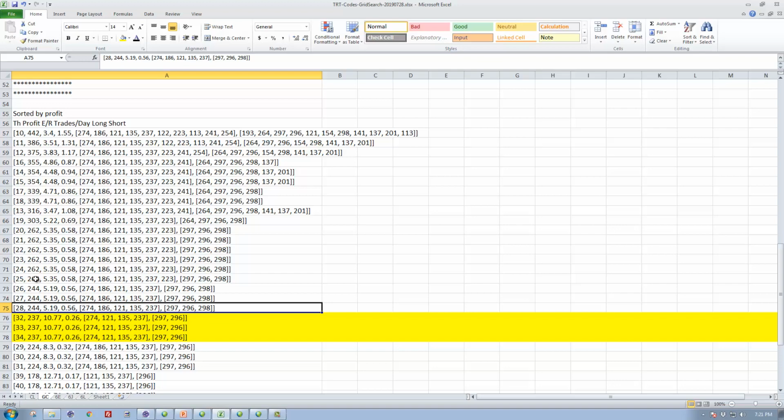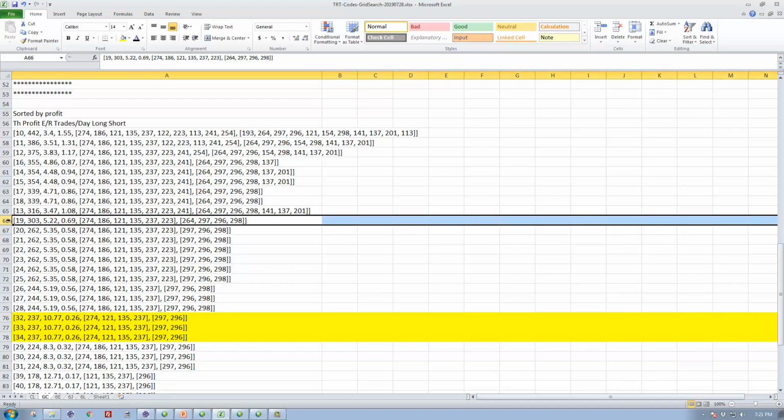Same thing. This is all very similar. 237, 244, 262. ER is 5, 5, 5. Up here, you make more. Okay, the ER drops to 5.22. You're still taking a lot of trades to make 20% more, 30% more.